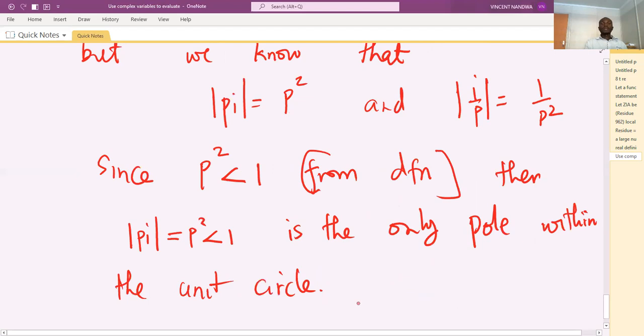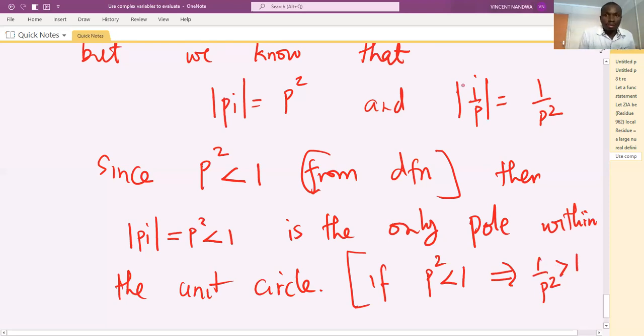This is what I mean, that if p squared is less than 1, then it automatically means 1 over p squared is greater than 1. So this value here, I over p, will be a pole outside the unit circle.